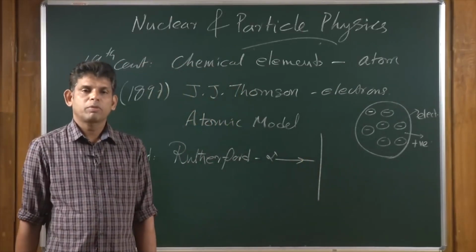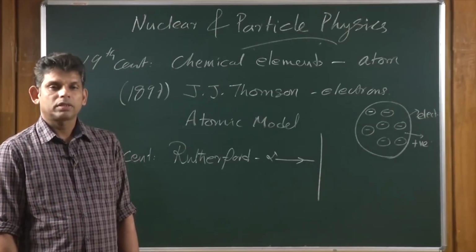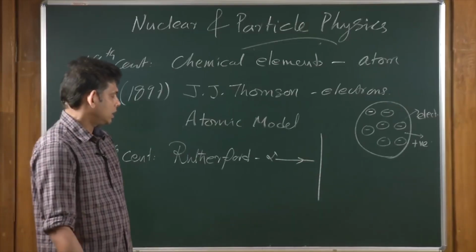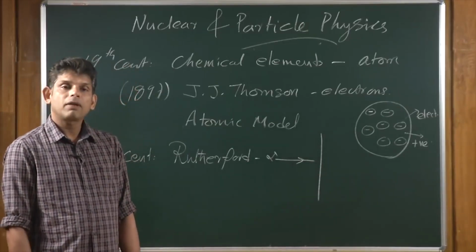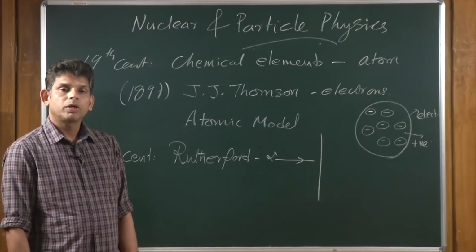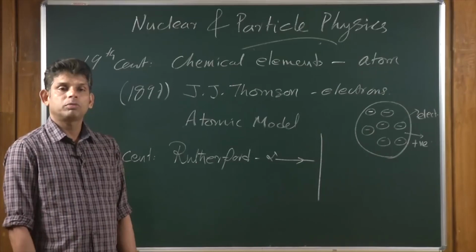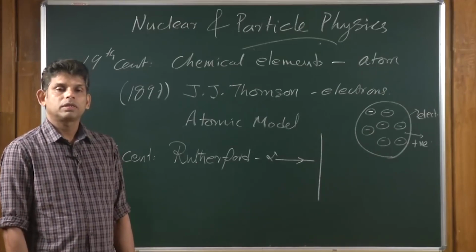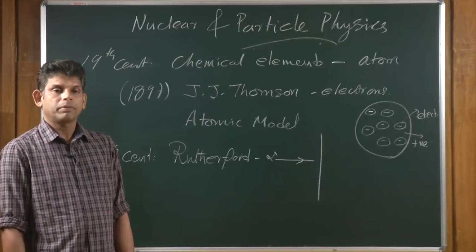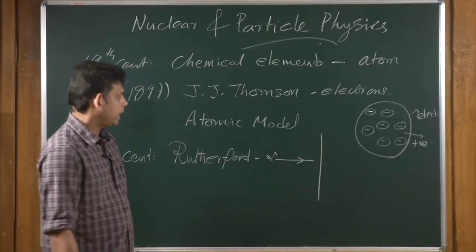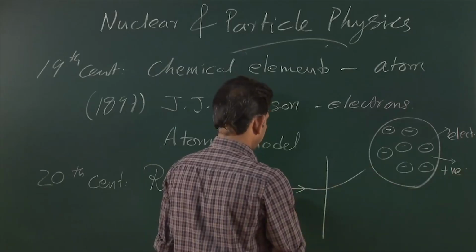If Thomson's atomic model was correct, the scattering of this alpha particle due to the positively charged uniform sphere, positively charged sphere atom would be kind of mild scattering.